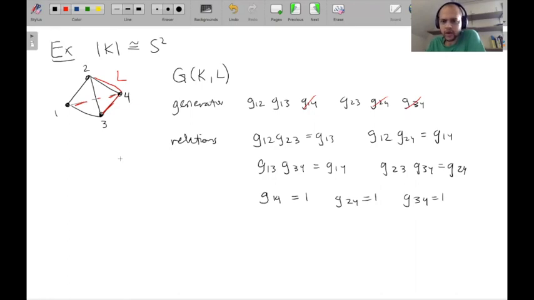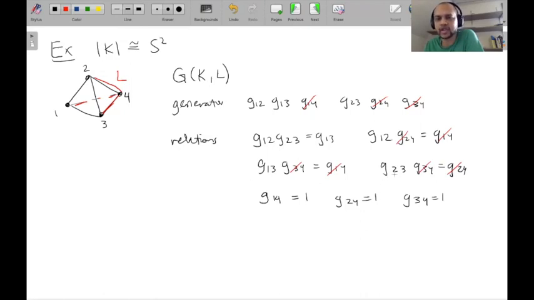Now let's work through it. That simplifies these relations here. So let me just remove any instance of these generators, G_{1,4}, G_{2,4}, G_{3,4}. I guess that's all of them. And so now these relations simplify.